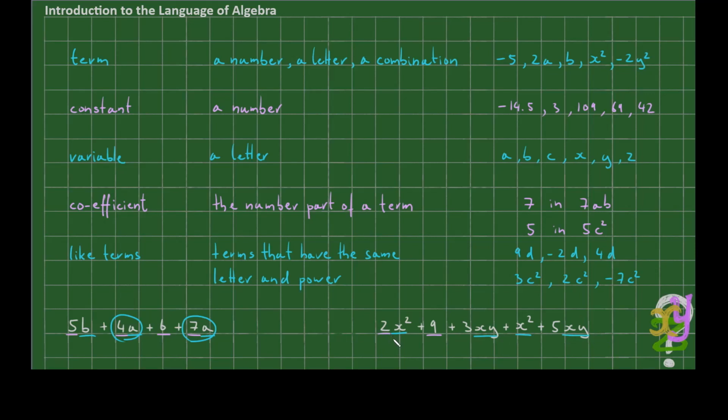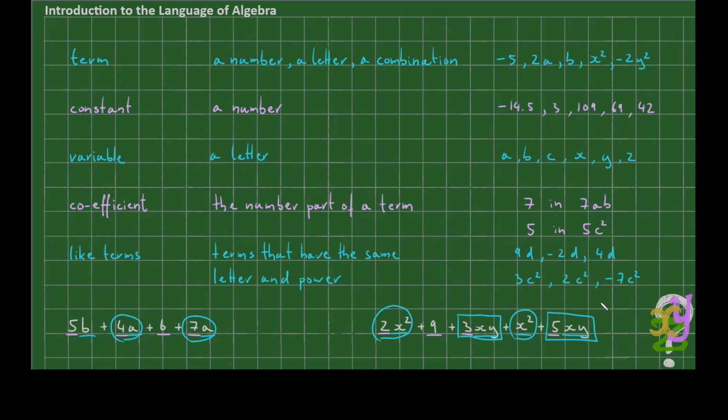So 2 from 2x squared, 3 from 3xy, 5 from 5xy. What are the like terms? Well, in this case, we have two sets of like terms. We have 2x squared and this x squared. They are like terms. But then we also have 3xy and 5xy. They are also like terms.